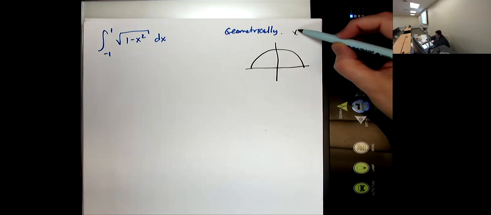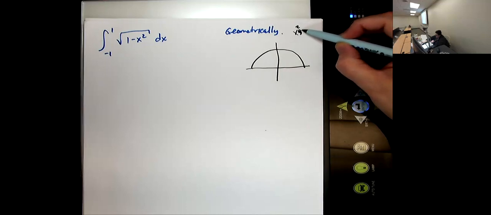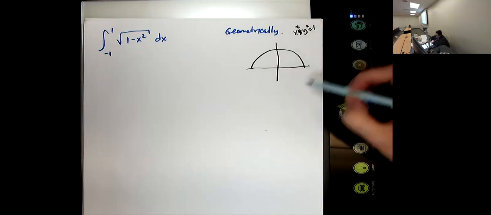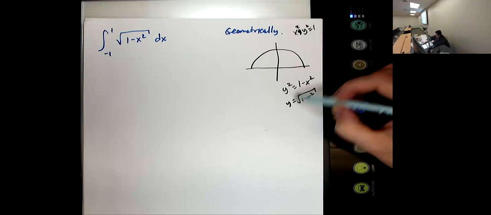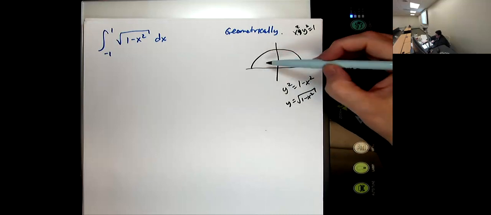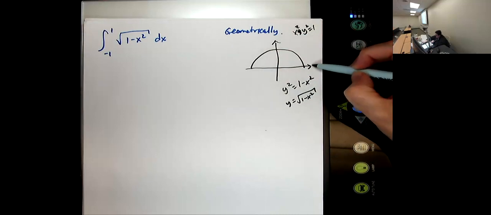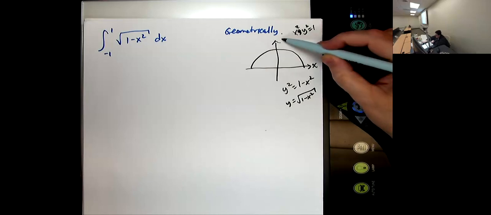This stems from x squared plus y squared equals 1. So y squared equals 1 minus x squared, y equals the square root of 1 minus x squared, but it's the positive half, so it's only above 0, above the x-axis.